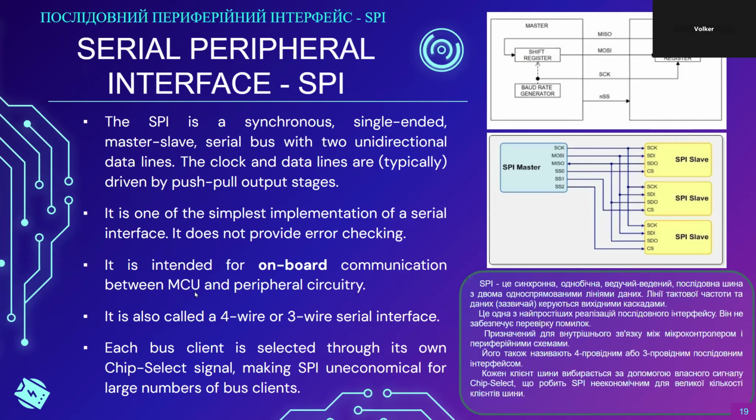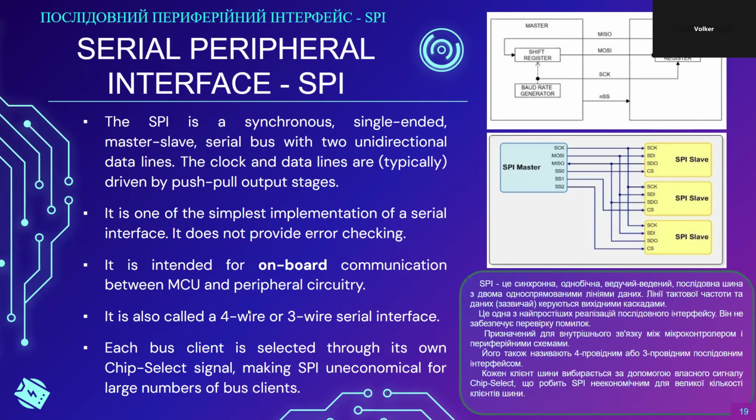So if you have a lot of SPI devices, very quickly you're spending a large amount of separate pins on chip select signals for these SPI slave devices. That is the drawback. The advantage of this serial bus is its simplicity. And it's also that the data lines are unidirectional.